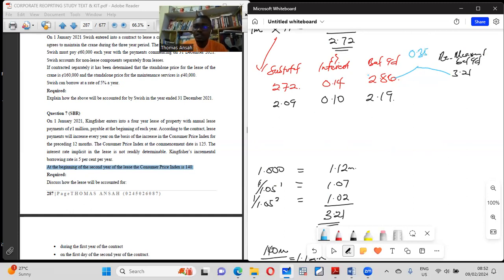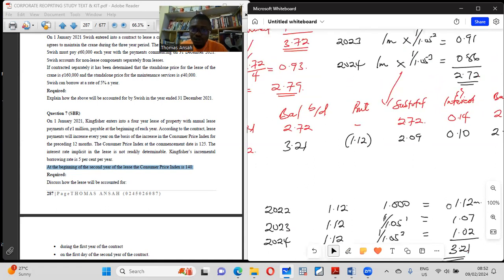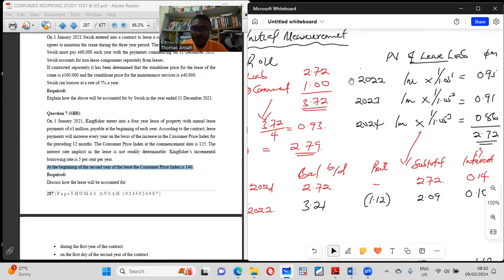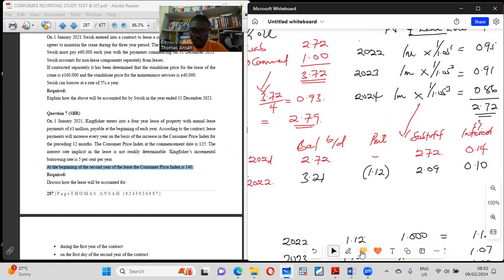This is our liability, and this 0.35 is what we said you adjust to your right of use. Do you remember? So this right of use, we need to add 0.35 to it. Those are the entries.